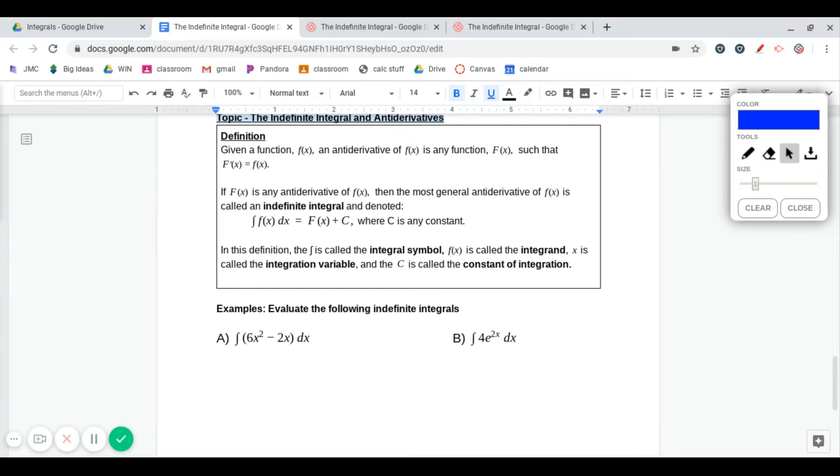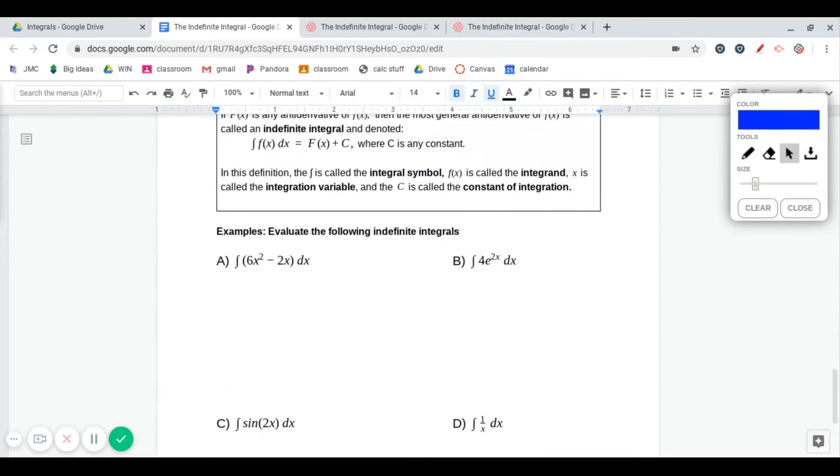So now we'll walk through some examples. We'll evaluate the following indefinite integrals. This is kind of like last week: you have to say, what could I derive to get this integrand? For this one, you raise the power of the exponent, so this is definitely going to be x cubed. Think backwards here. If you take the derivative of x cubed, you get 3x squared, but I need 6x squared, so I'm going to multiply by 2.